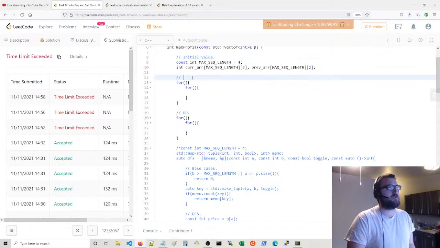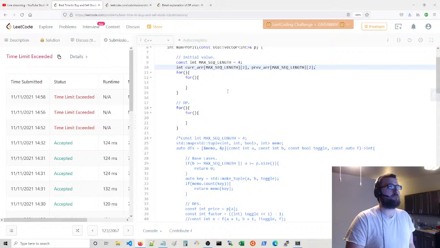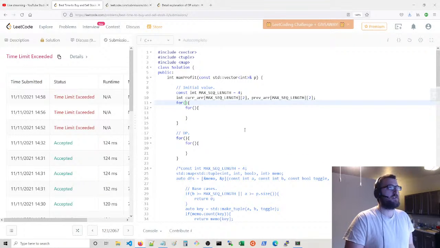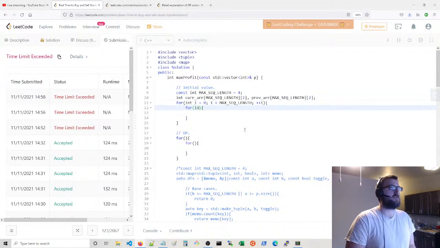So initial value would be here. It's going to be for int i is 0, i is less than max sequence length, increment i, and we could say j is 0, j is less than 2, plus plus j.